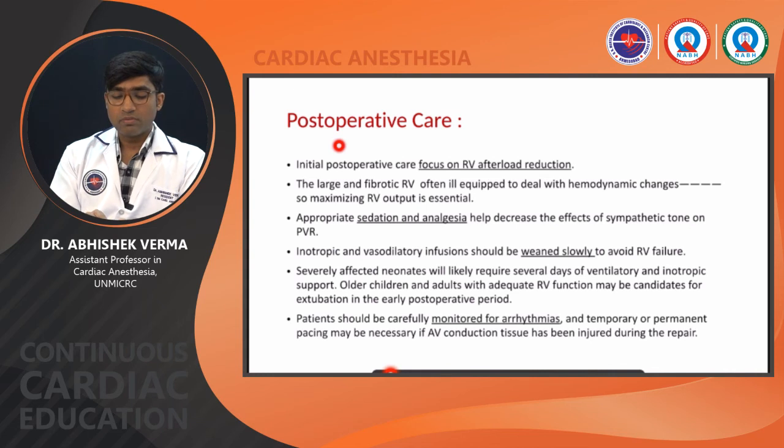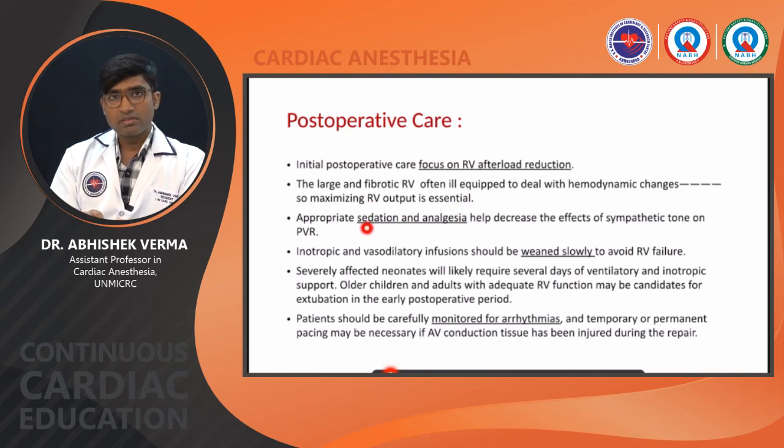Lastly, postoperatively we initially focus on RV afterload reduction, because the large and fibrotic RV is often ill-equipped to deal with the hemodynamic changes. So maximizing the RV output is essential.